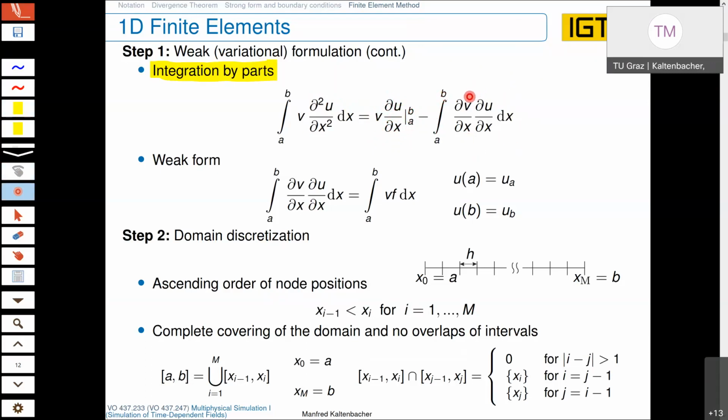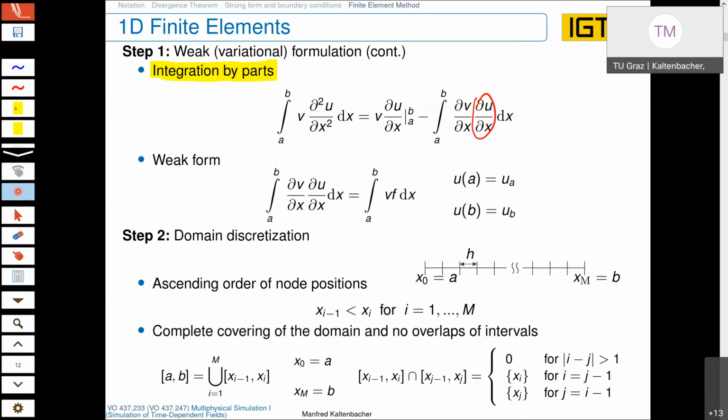There we now have the derivative also of the test function with respect to x, and instead of the second spatial derivative, we have a first order spatial derivative on u. So a main point is that we now have just a first order spatial derivative on the unknown function u.